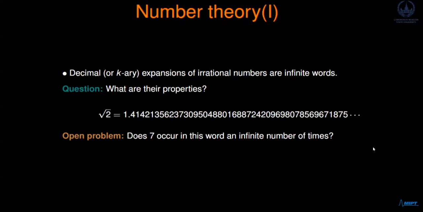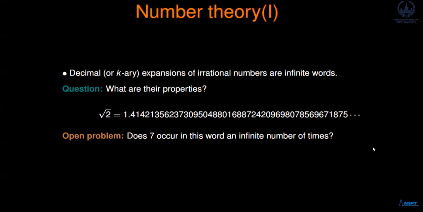So now let's explore the fascinating intersection of number theory and infinite words. We start with the observation that the decimal or k-ary expansions of numbers can be viewed as infinite words. Irrational numbers, such as the square root of 2, cannot be expressed as a finite decimal or repeating decimal, meaning their decimal expansion continues indefinitely without a predictable pattern.